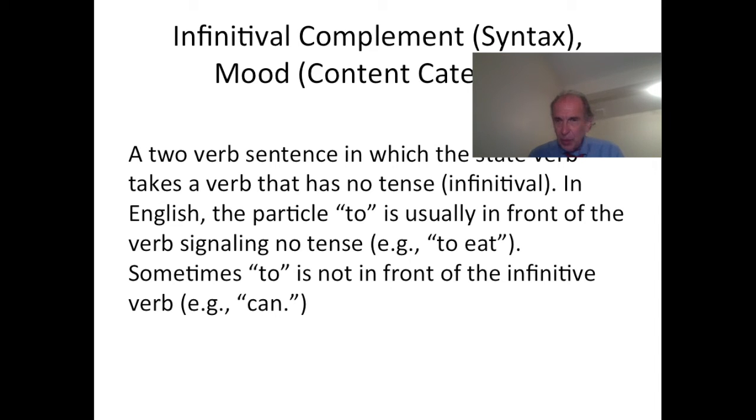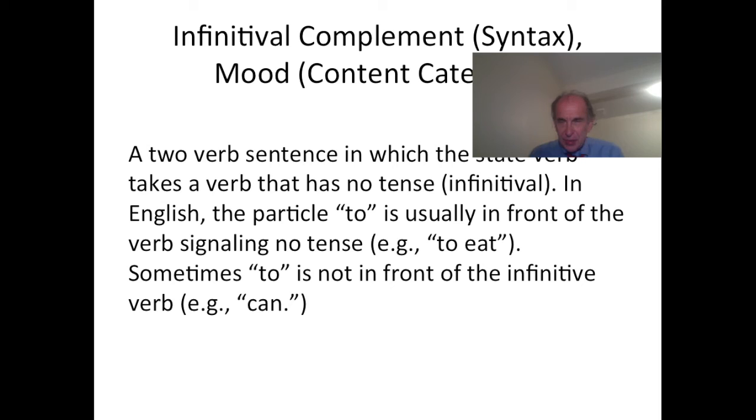In Spanish, comer, and it's similar, the er ending, at least for someone with a decent accent who could pronounce it appropriately, marks infinitive. Infinitive means no tense.